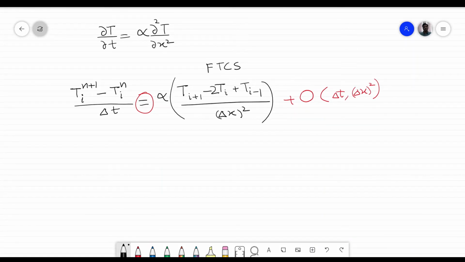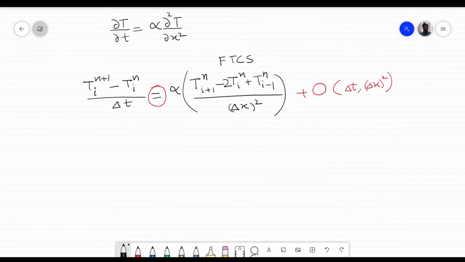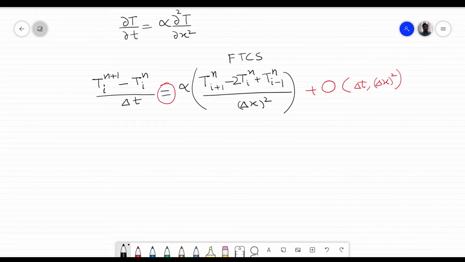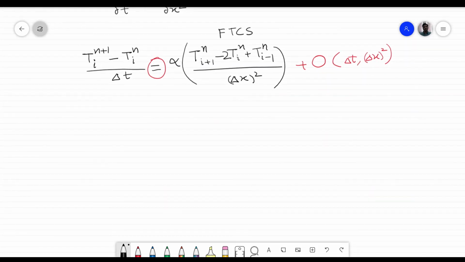Okay, now we said that we are calculating the right hand side at the current time. That's why we are writing n as the superscript. n is the current time step, n plus 1 is the next time step. And there are other ways of writing this. We can write using BTCS, that is backward in time and central in space.